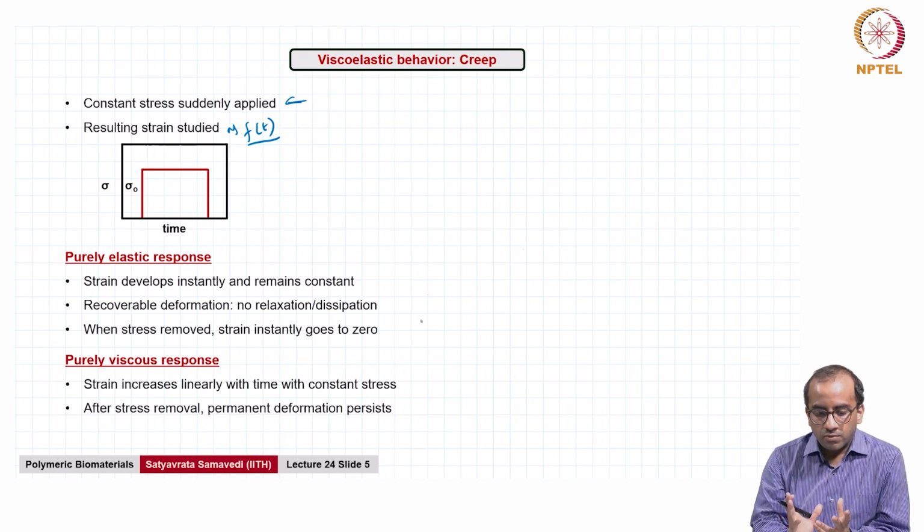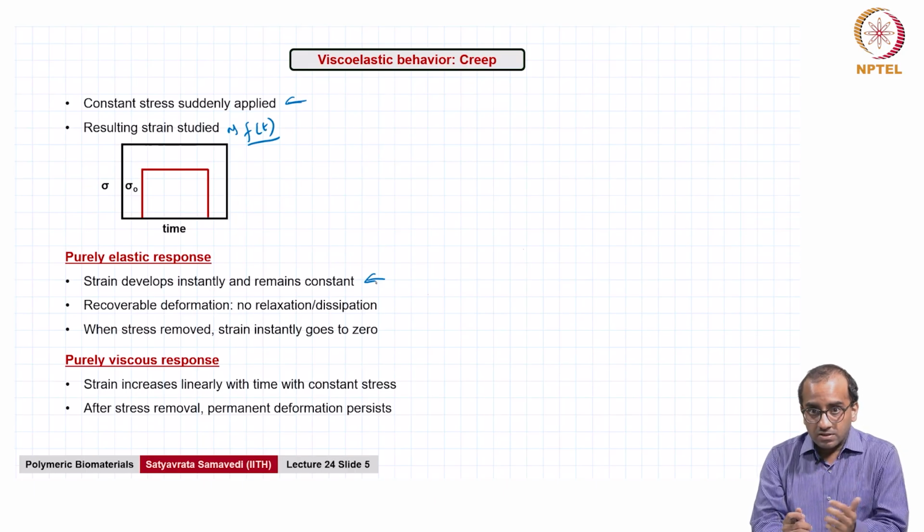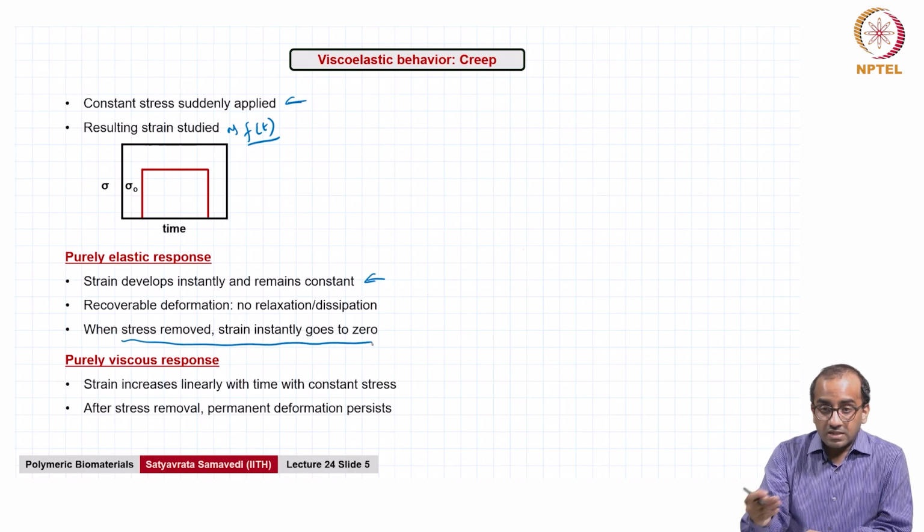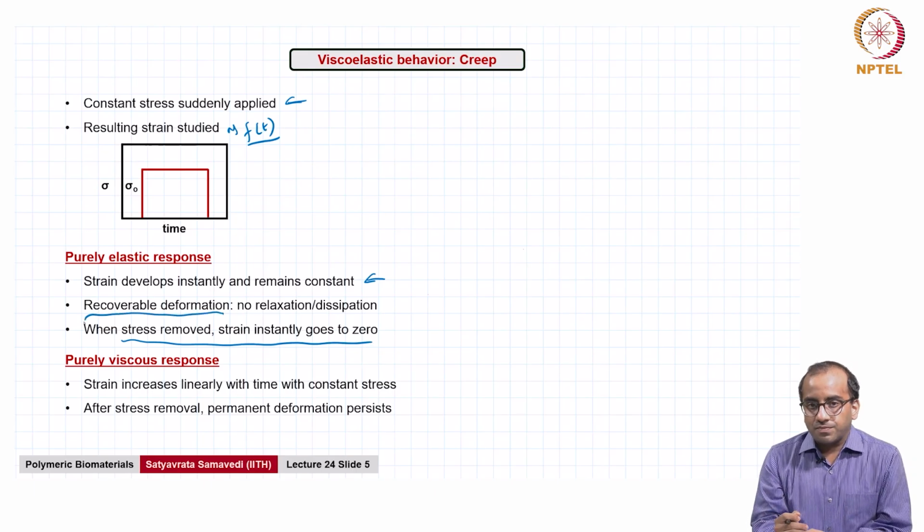Now, if we look at a purely elastic response, as soon as the sudden stress is applied, the strain will develop instantly and will remain constant, as we have already seen, right. Because you have no mechanisms involving energy dissipation, this is essentially energy storage. Once the stress is removed, the strain instantly goes back to 0 and you get fully recoverable deformation, right.